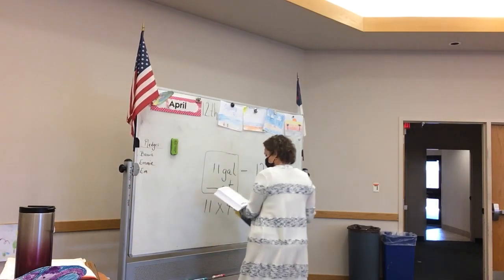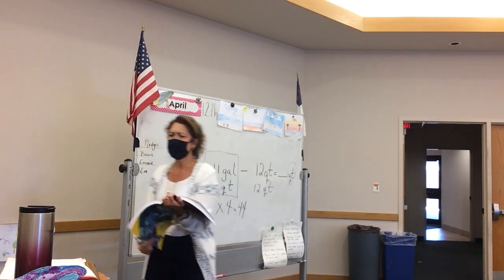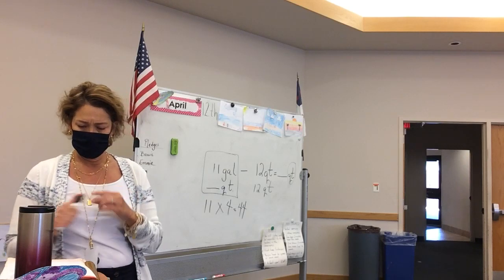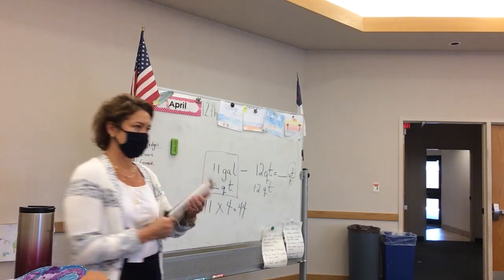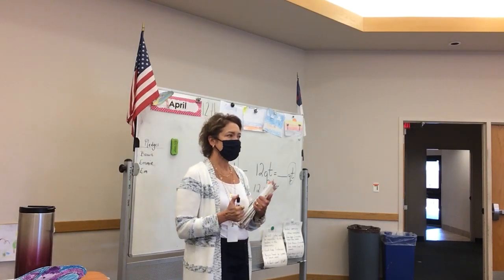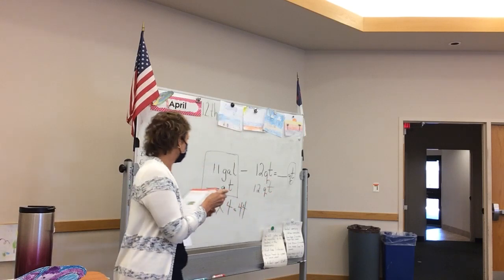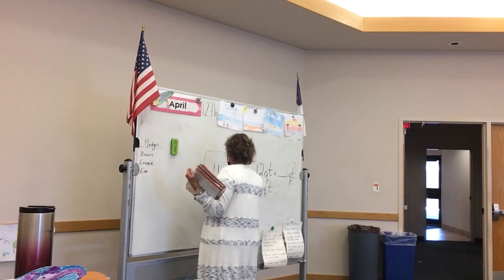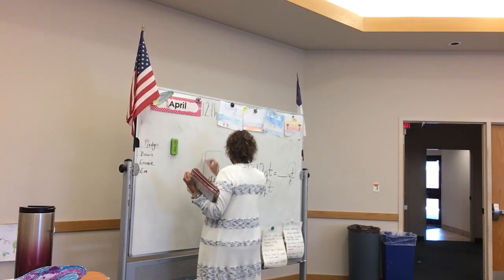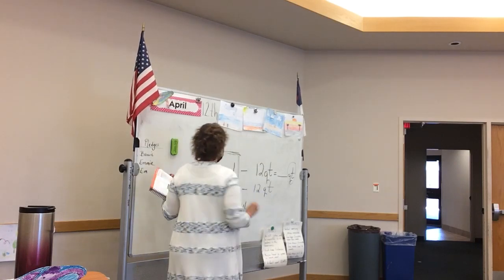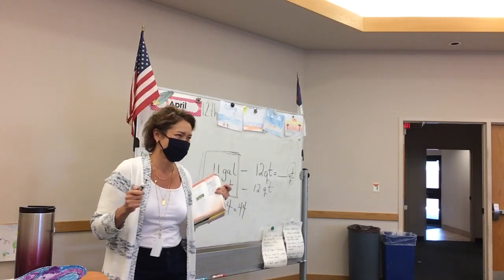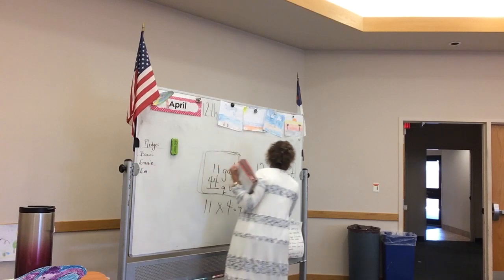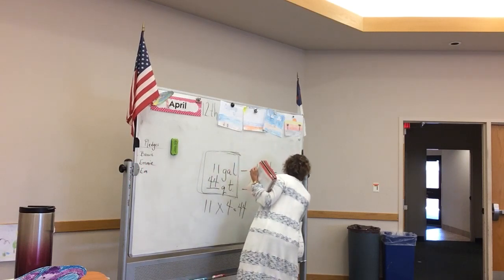All right, so what are we going to do with the 44? James. Put it in the box. I forgot to put this right here. So we're putting it in the box. All right, we're done with that. What is the next step that we are going to take? Let me finish.